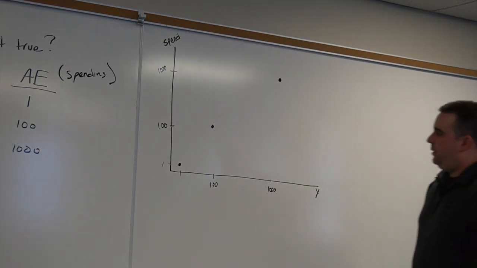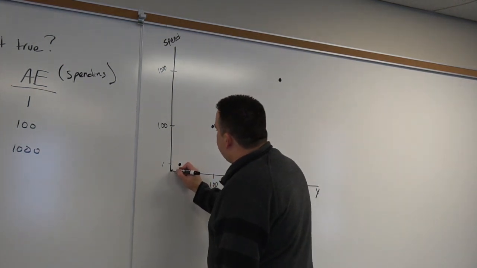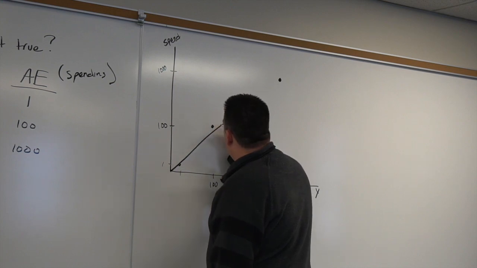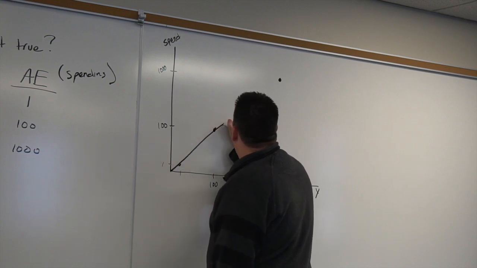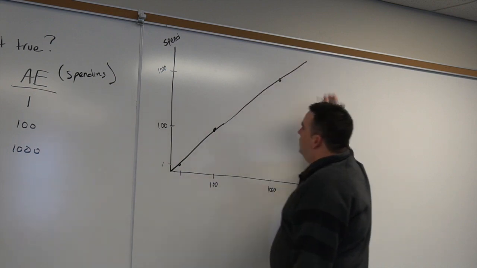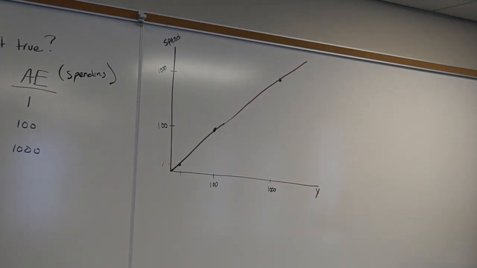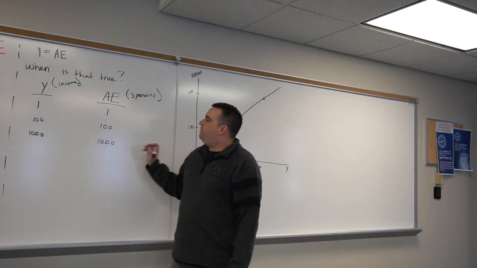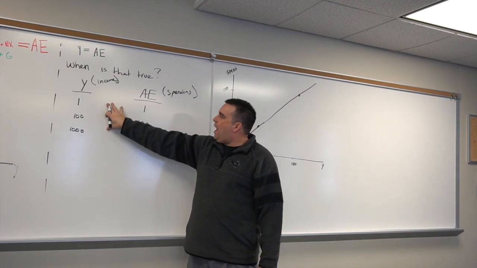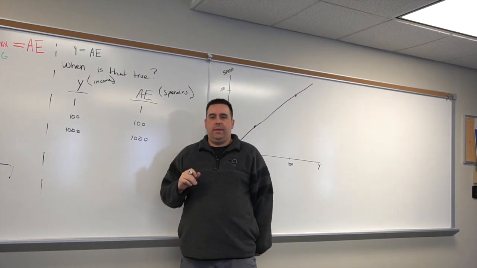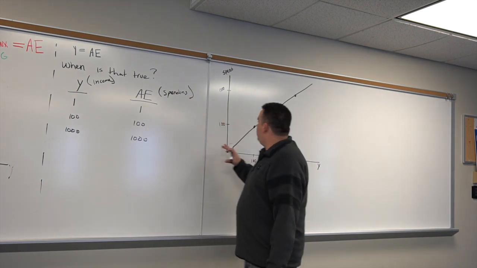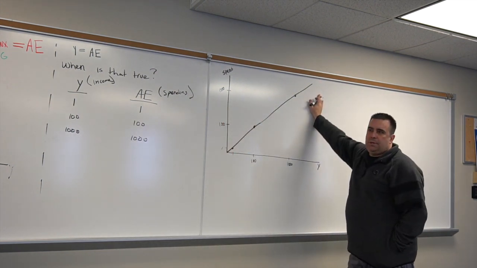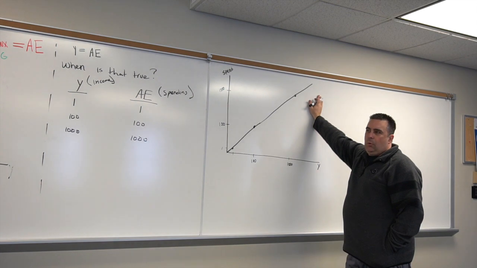And what do I end up with? I end up again with this nice, pretty function coming out of the origin that exactly divides my graph in half, representing the possible scenarios, the possible values where Y could equal AE. That's what this line is showing. All the possible values where Y could equal AE.